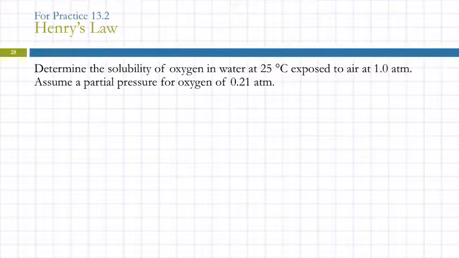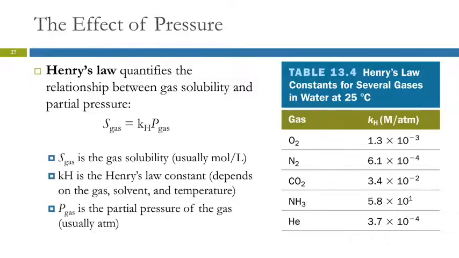So let's do that. Determine the solubility of oxygen in water at 25 degrees Celsius exposed to air at 1 atmosphere. Assume a partial pressure for oxygen of 0.21 atmospheres. We're going to need the Henry's law constant for oxygen. So 1.3 times 10 to the minus third.